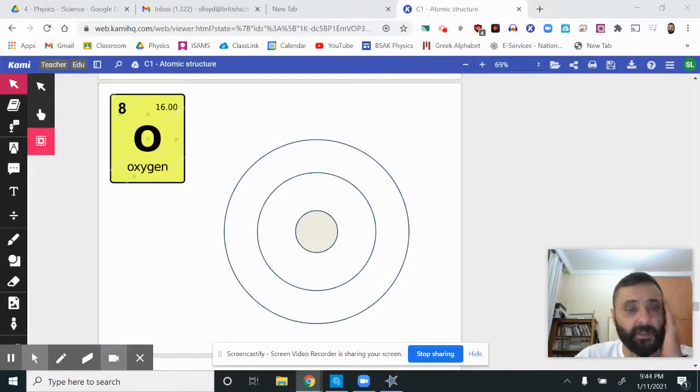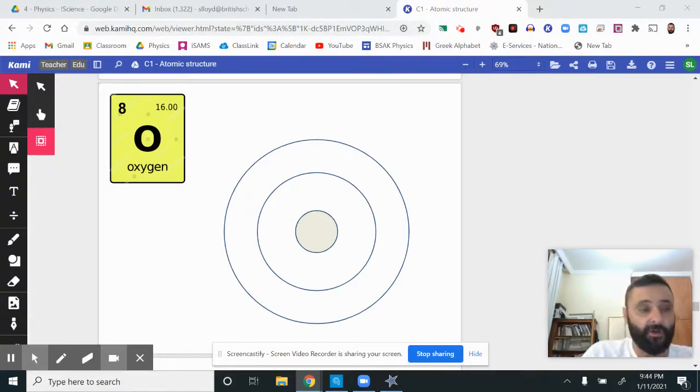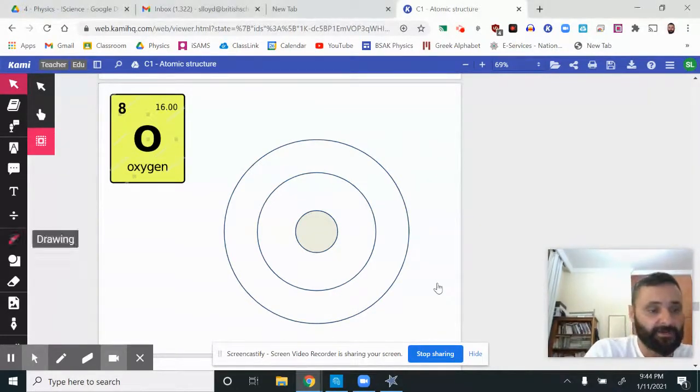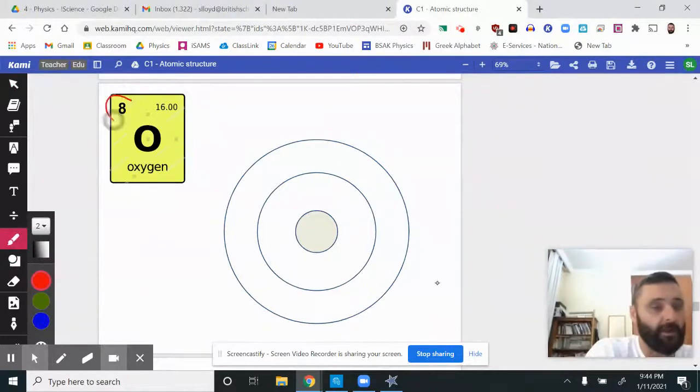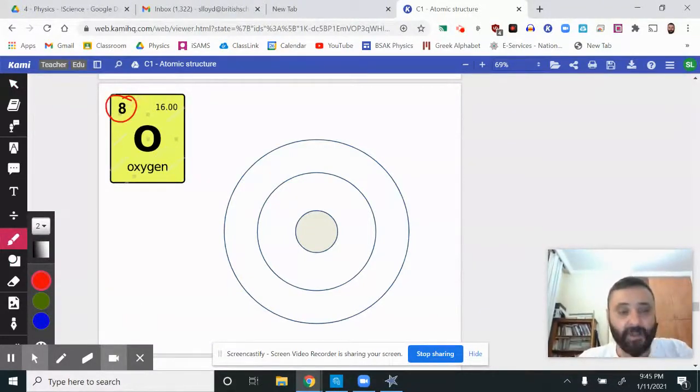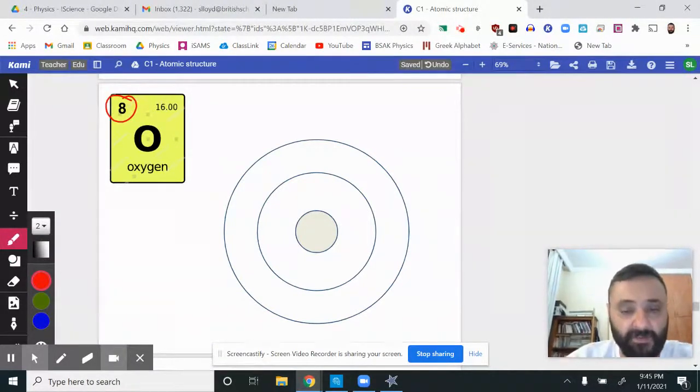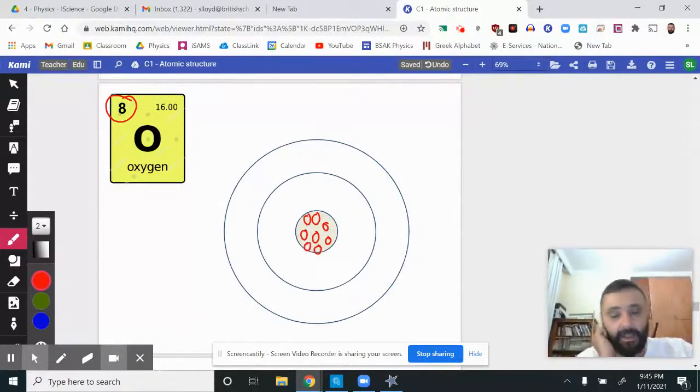Okay, in this last example, let's look at oxygen. Let's look at what happens to an oxygen atom when it becomes an ion, when it becomes ionized. Right, what have we got in oxygen? Okay, we've got atomic number of 8. That means there's 8 protons in the nucleus. 1, 2, 3, 4, 5, 6, 7, 8. 8 positive protons in the nucleus.